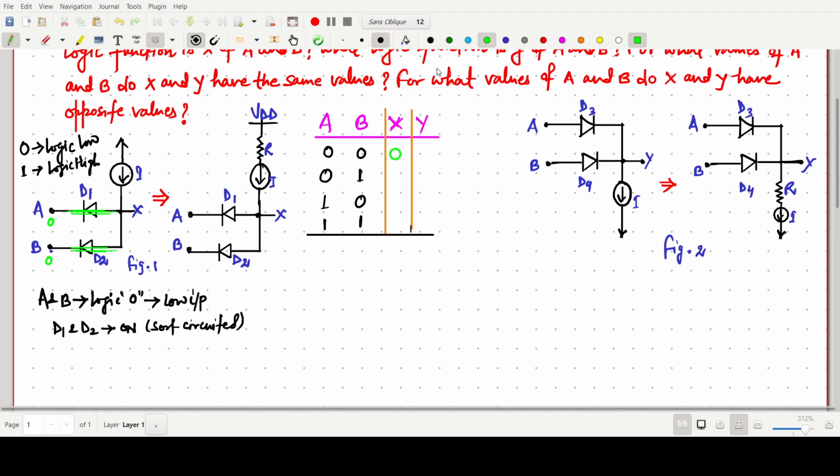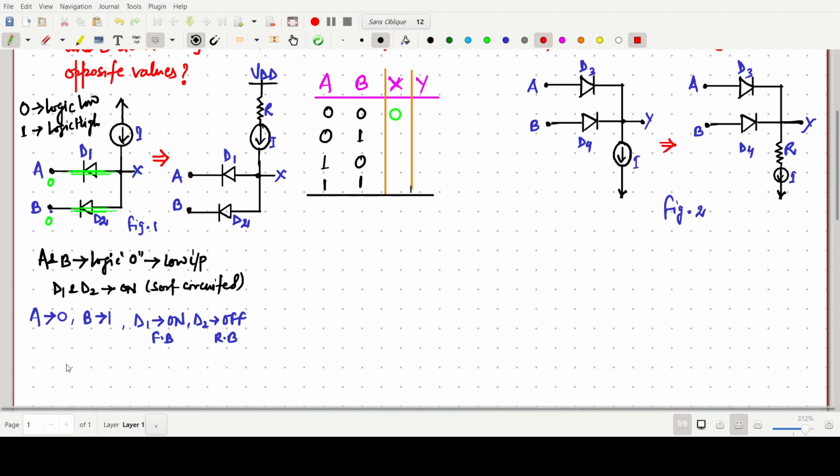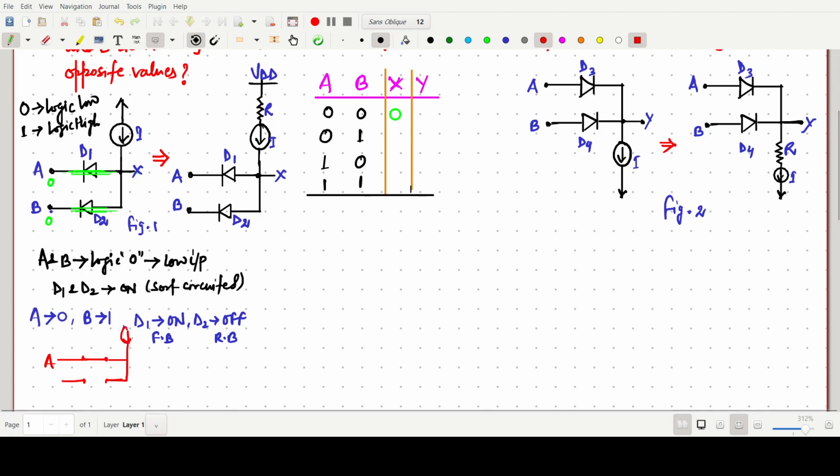Now when A is 0 and B is 1, meaning logic low and logic high, D1 will be on because A is 0, and B is 1 so it is reverse biased, so D2 will be off and open.